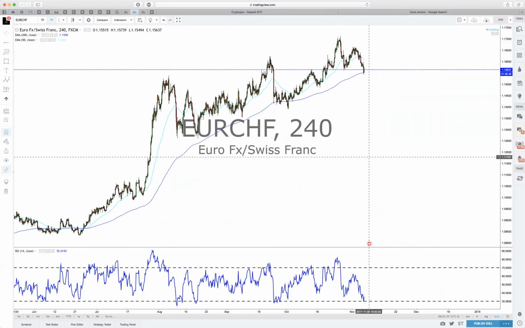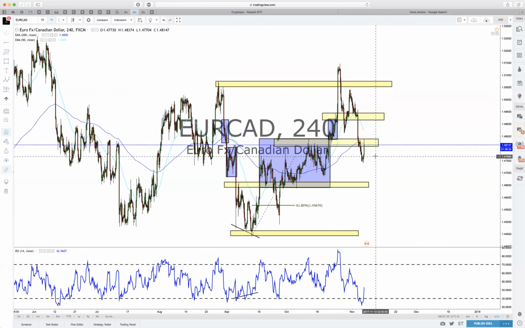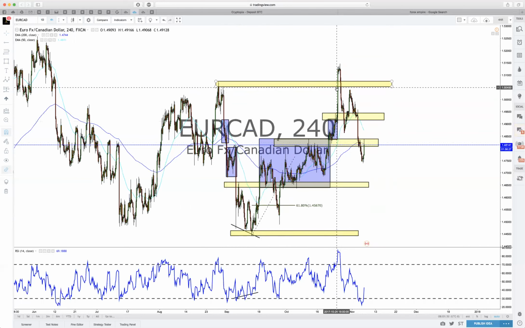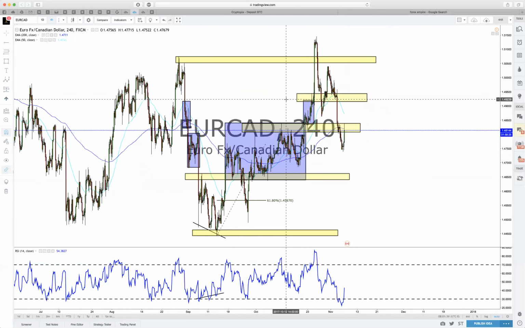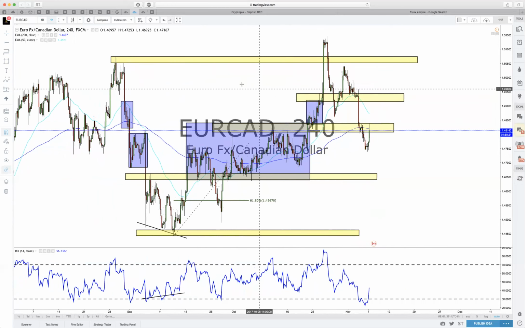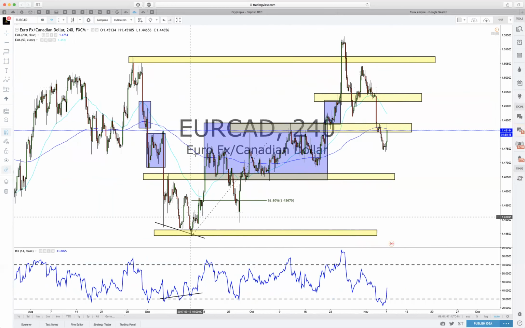Euro CAD. All right, Euro CAD. So pretty much we ended up trading, I believe, from here, and we booked our profit here. It was already taken profit, but right now I don't like trading this because it just got messy. It's not clean anymore.